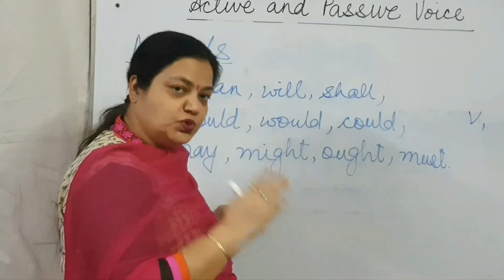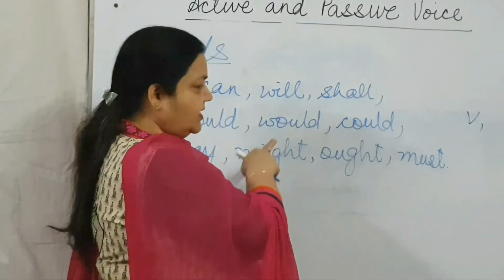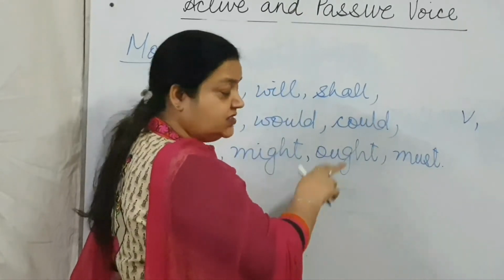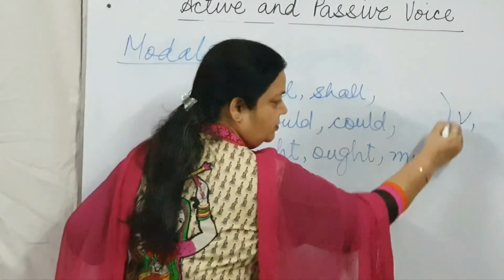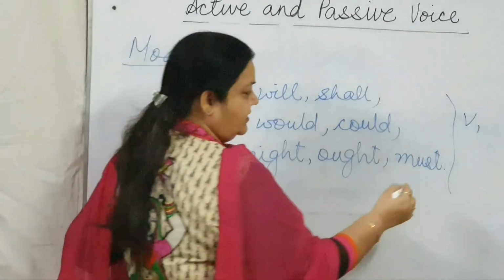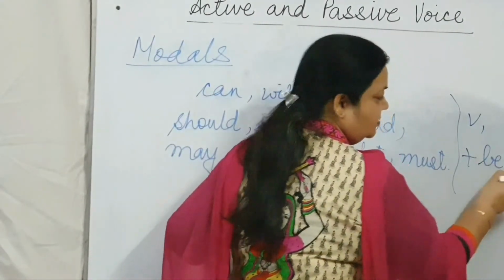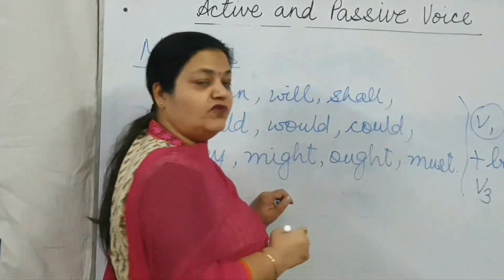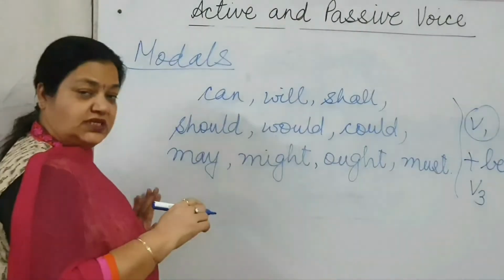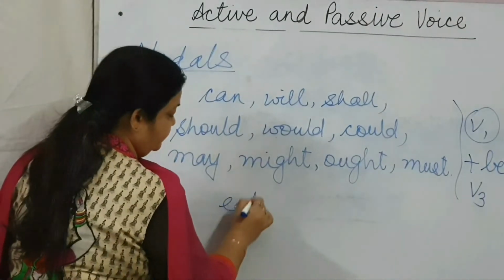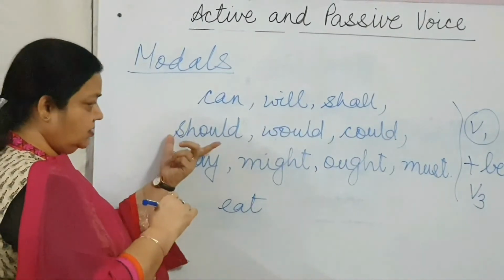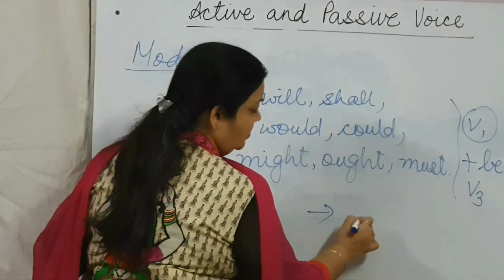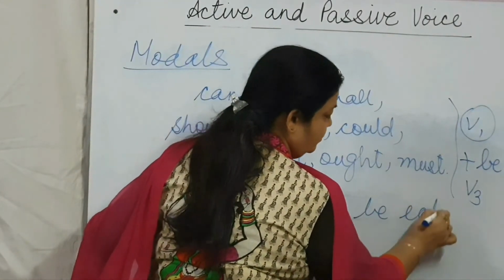But when we change the verb of the sentence which has a modal in it, how do we change it? We change it by writing this modal and then adding be with it, and then this first form of verb changes to the third form of verb. Supposing it is eat with a modal, when I am changing it to the passive form, it will become be eaten.